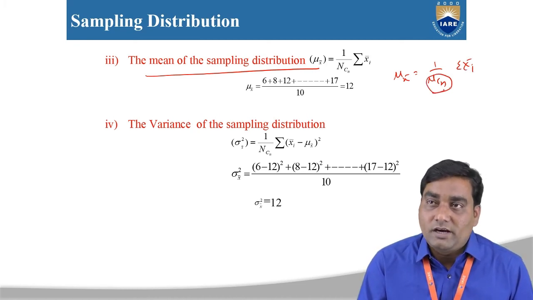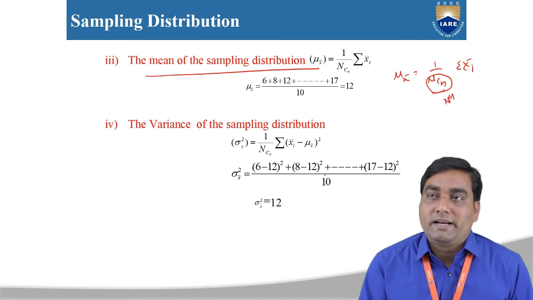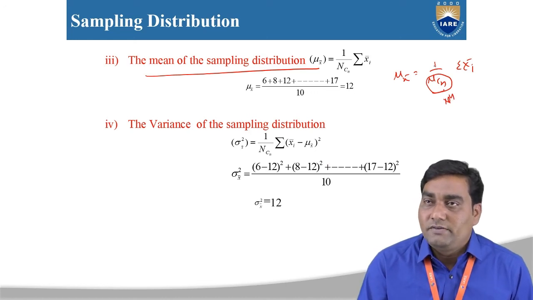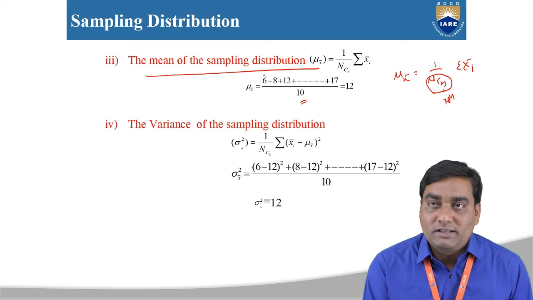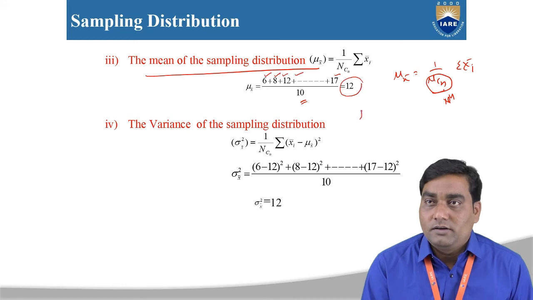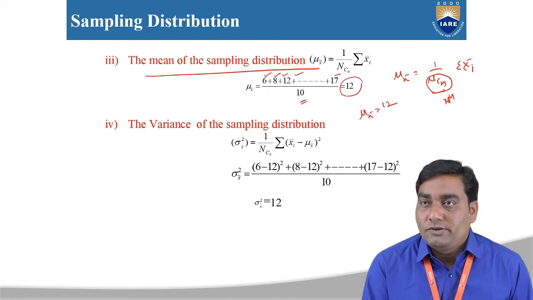In case it is the with replacement case, we can replace it with N power n. But the problem consists of without replacement, so we use 1 by NCn sigma xi bar, where NCn is 10, and the xi bars are the means of all the samples: 6, 8, 12, 10, and so on, 17. So we got 12. Mu x bar equal to 12.